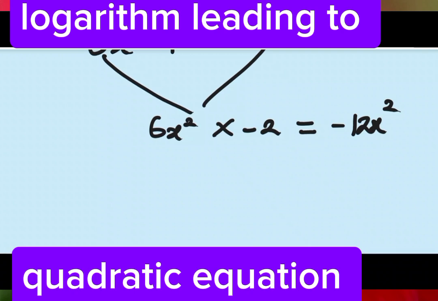So look for two numbers in the unknown that if you multiply two of them, it will give you minus 12x squared, the result gotten in step 1. Then if you add two of them, it will give you the second term. The second term here is plus x, but it is not always plus x.